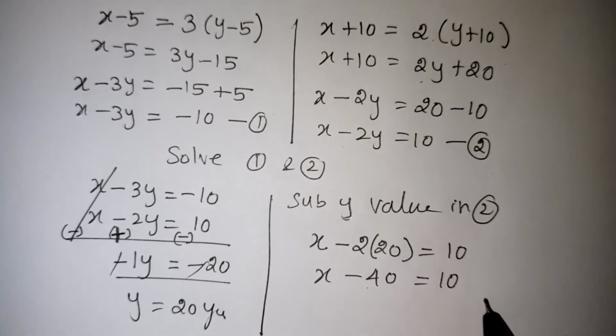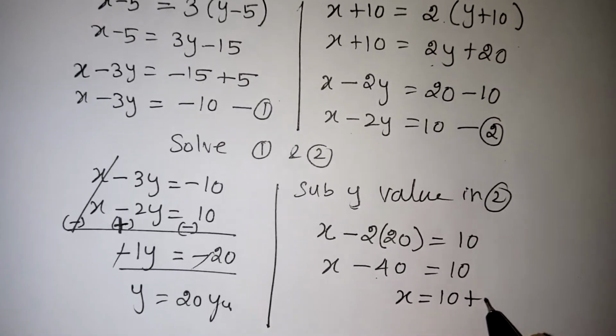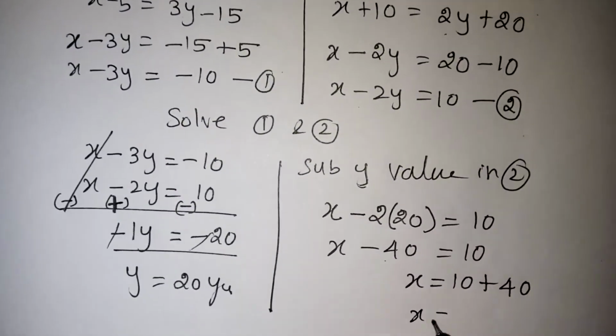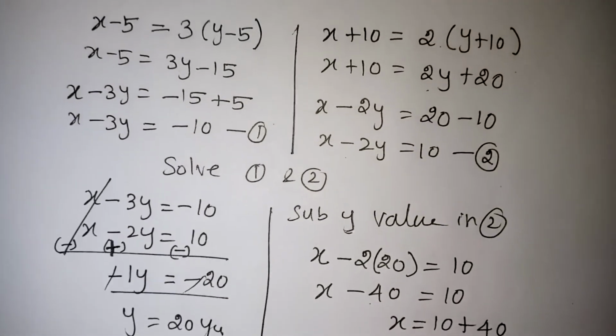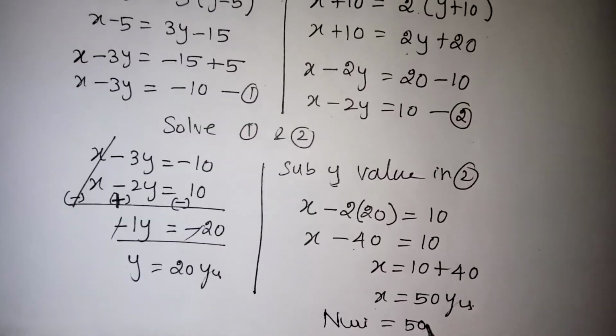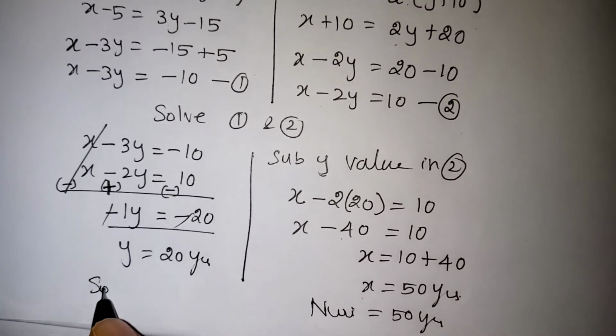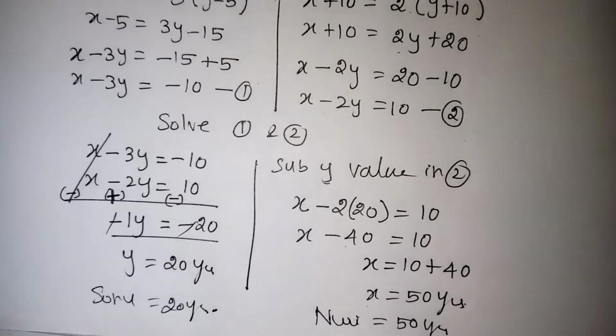Taking minus 40 to the other side it becomes plus 40. So X is equal to 10 plus 40, so X is equal to 50 years. X is nothing but Niru's age. So Niru's present age is 50 years and Sonu's present age is 20 years. That is your solution.